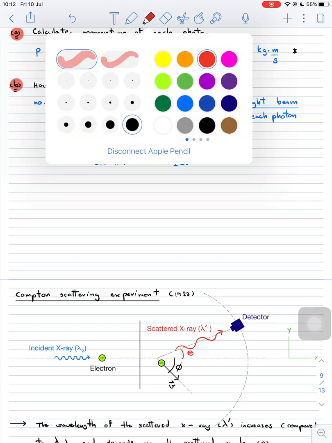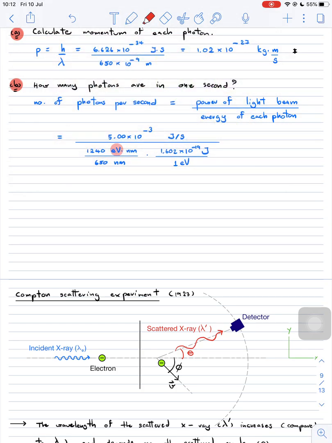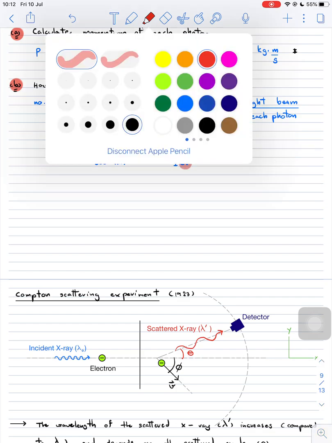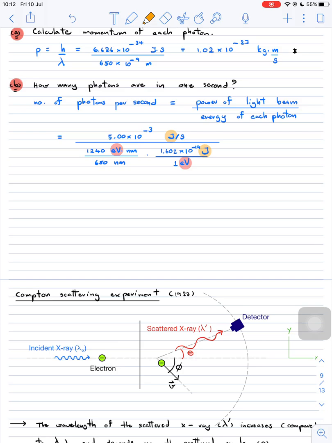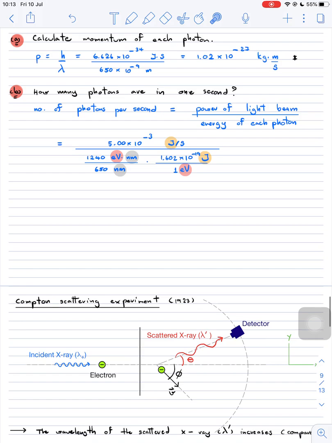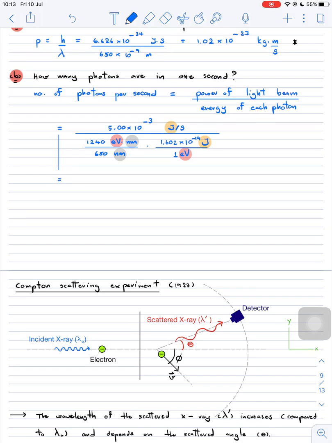So you can clearly see that the unit of eV cancels out, the unit of joules cancels out as well, and also the nanometer. So here we have 1 over second left, which is the number of photons per second. Then finally it is equal to 1.63 times 10 to the 16 photons per second, and this is the answer.